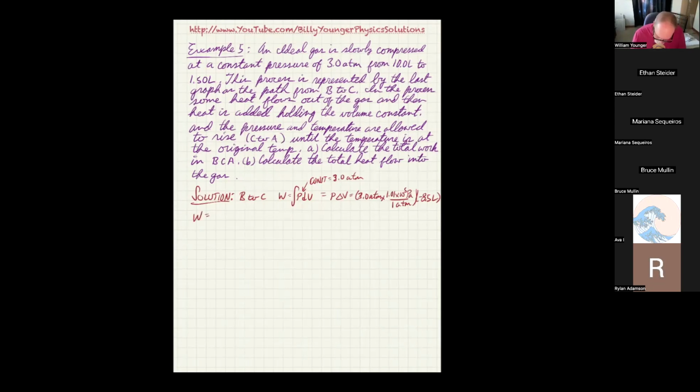So I'm going to say the work is equal to 3.03 times 10 to the fifth pascals times negative 8.5 liters, and 1 liter is equal to 10 to the negative third cubic meters. In other words, 1,000 liters is a cubic meter. So that should give me an actual negative amount of work done.